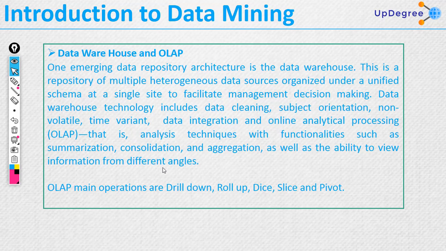All these things are known as aggregation. I want to get some summary of my data, the descriptive statistics of my data. I want to merge multiple different data sets to get a consolidated report. So everything must be there in our OLAP, and this OLAP mainly has 4 operations.